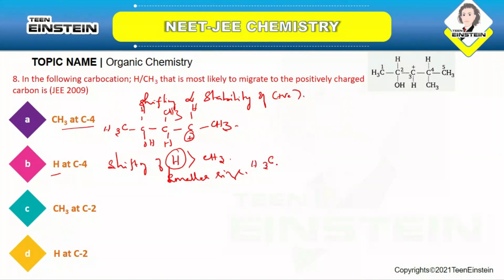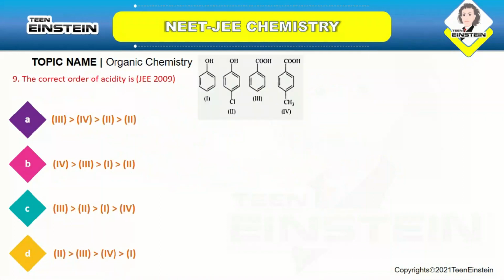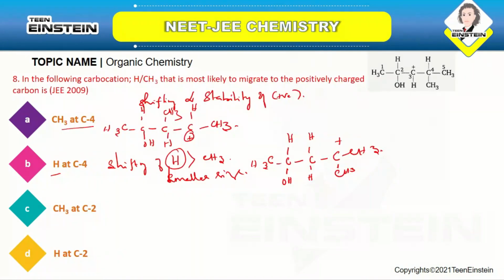So the structure is here OH. When shifting of hydrogen takes place at carbon 4, the carbocation is formed, that is, the positive charge comes at the fourth carbon. In option C, shifting of methyl at C2.